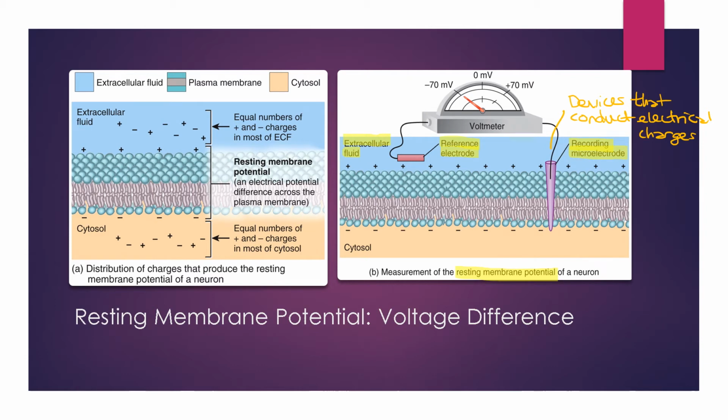So this electrode and this electrode. Now the recording electrode and the reference electrode are connected to an instrument known as a voltmeter. And the voltmeter is the actual device that detects the electrical differences between the 2 electrodes. So it's actually going to detect the electrical differences across the plasma membrane.